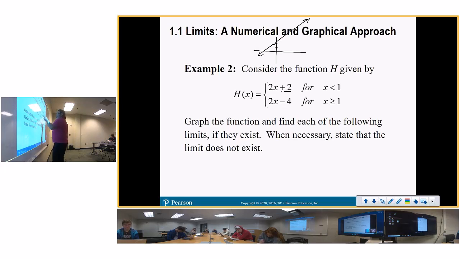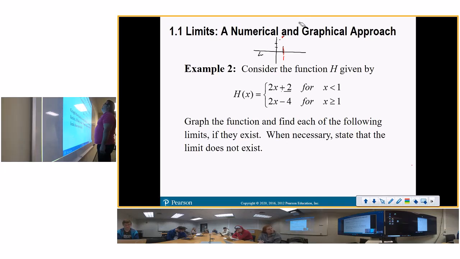X is less than 1, so I've got to erase everything to the right of the 1.